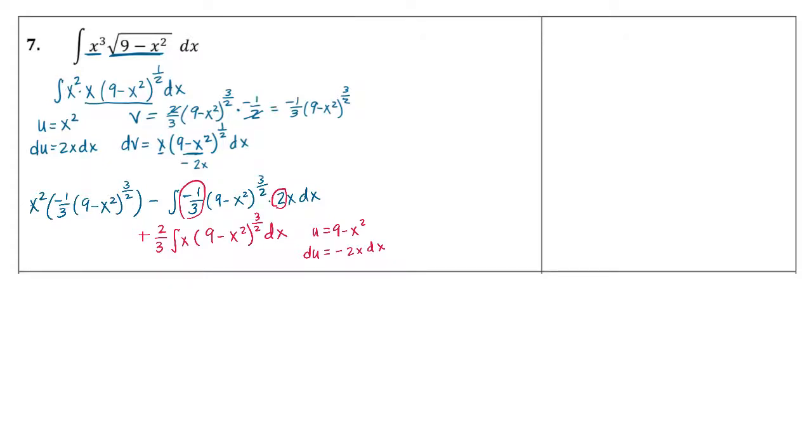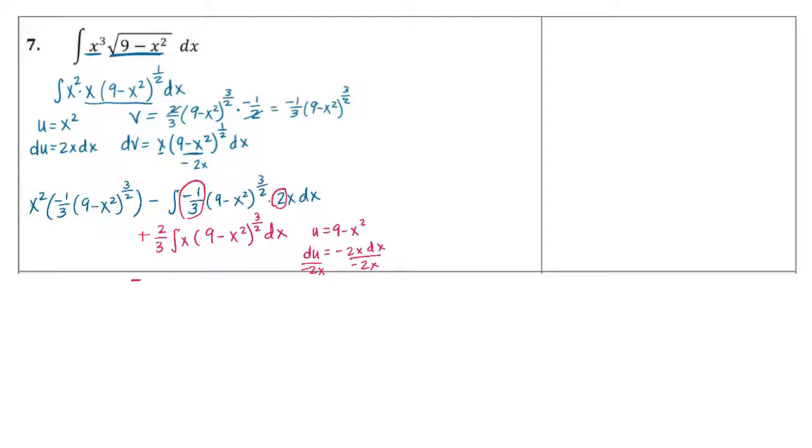And so again, we're going to have another 1/2 to cancel out this portion here, or if you want to solve for dx, we are dividing by negative 2x over. So if we do that, then we're going to have to move out another 1/3 there. So this integration, we're going to have that 2 that comes out, that negative 1/2.